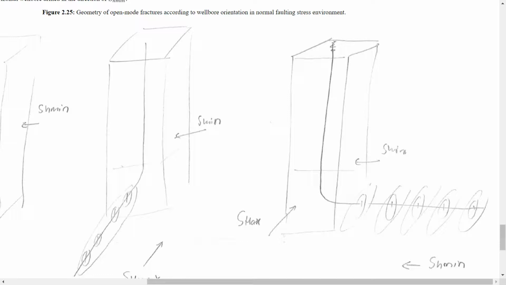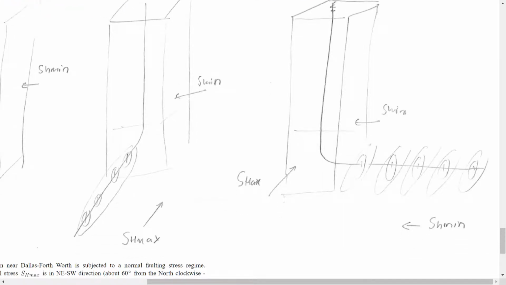It's already agreed on the direction of, in this case, SH max. Those fractures in the same plane are going to connect to each other and form one large hydraulic fracture. That's not necessarily what you want. What you want is more surface area, more fractures out of the same stage.